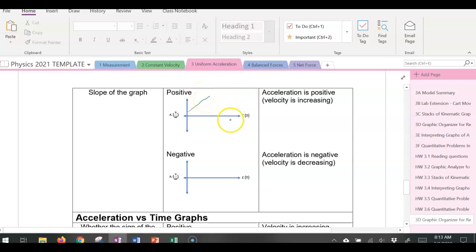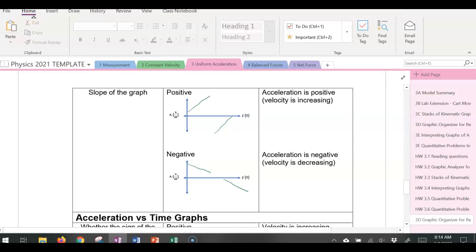You could also have something that is slowing down in the negative direction, and that acceleration is also positive. And if you see that the velocity versus time graph has a negative slope, which might be a situation where it is slowing down in the positive direction or speeding up in the negative direction, in those places acceleration is pointing in the negative direction.